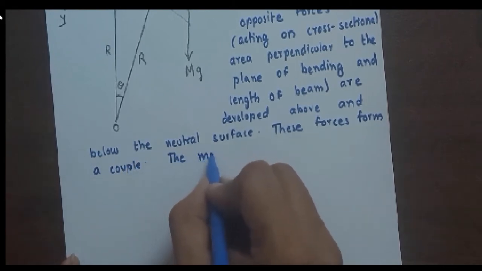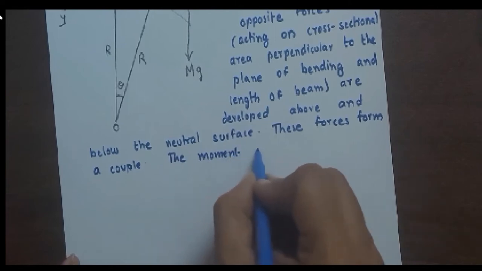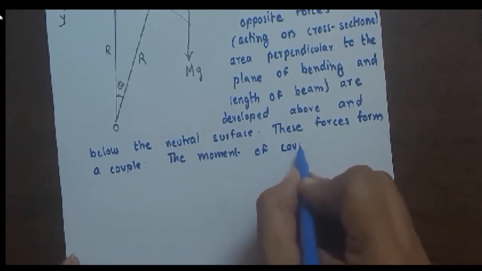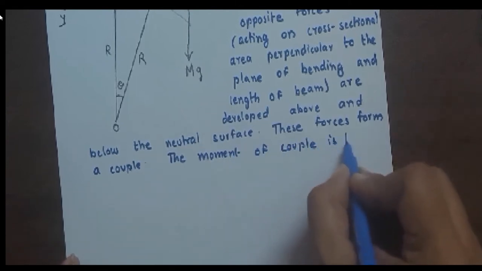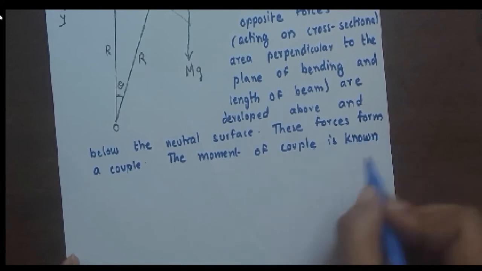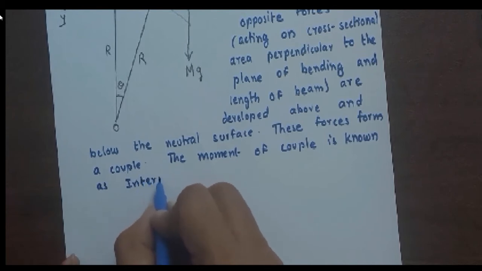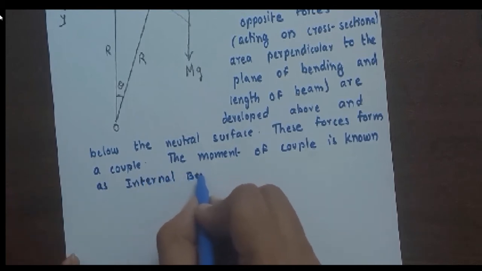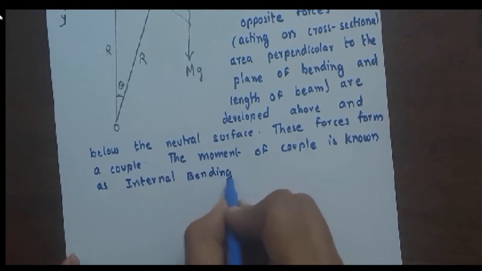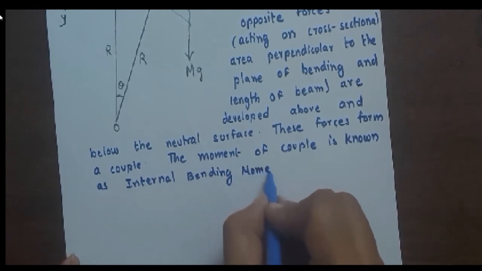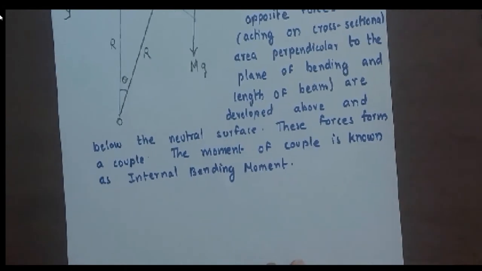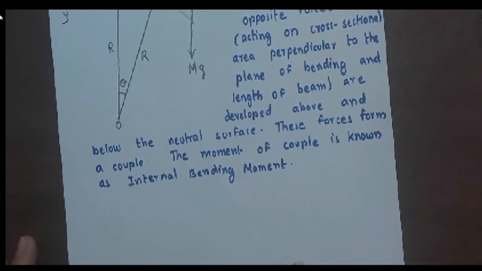The moment of the couple is known as internal bending moment. Now we will consider a beam.